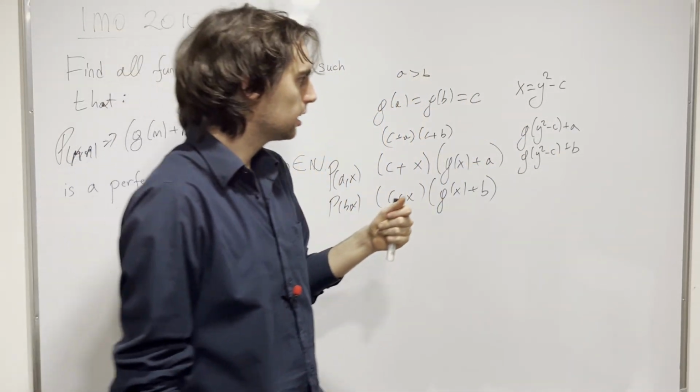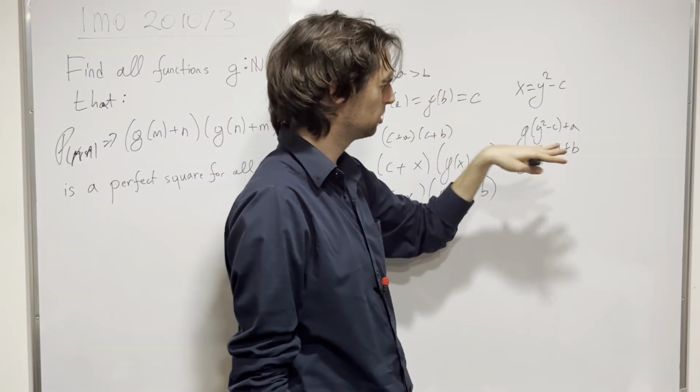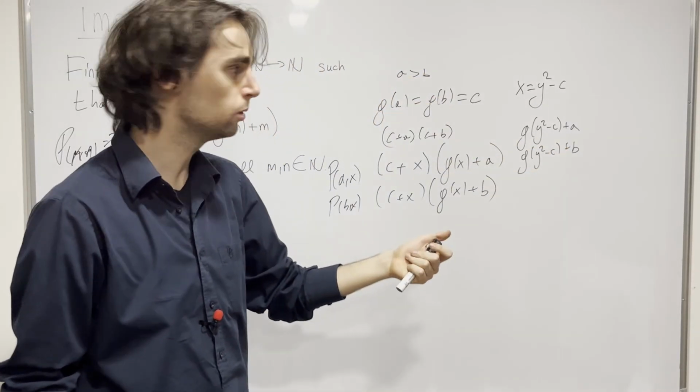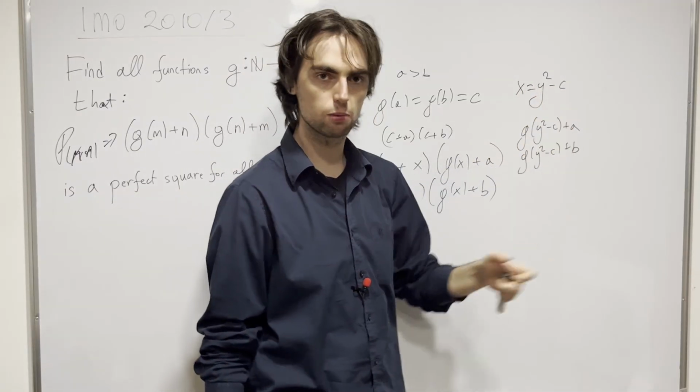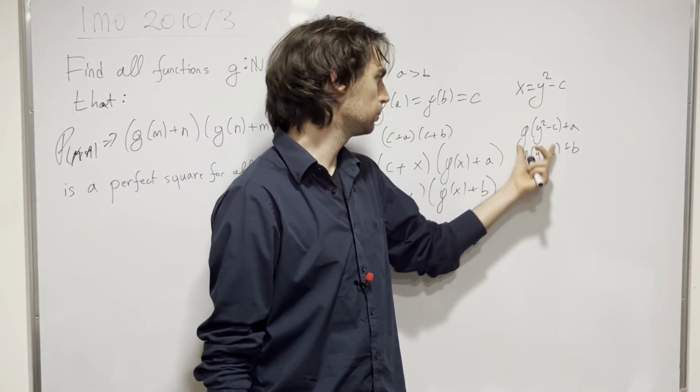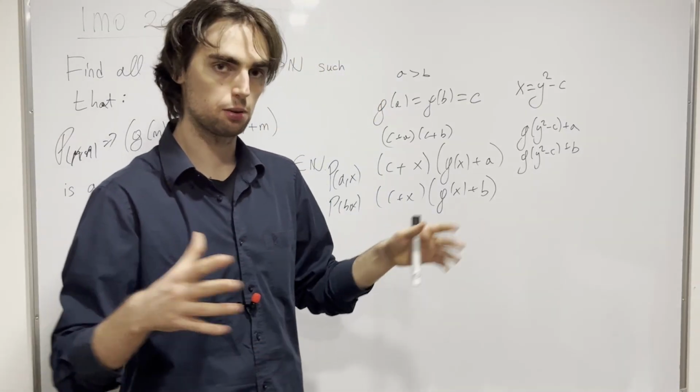So that means as y grows, there's only a select number of squares these things can be equal to. There are infinitely many numbers of this form, but they can't be too large, because otherwise we'd have squares which differ by a lot.